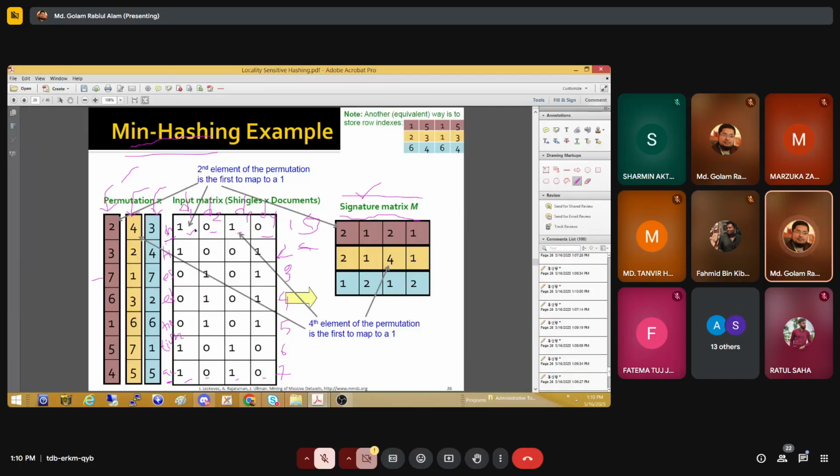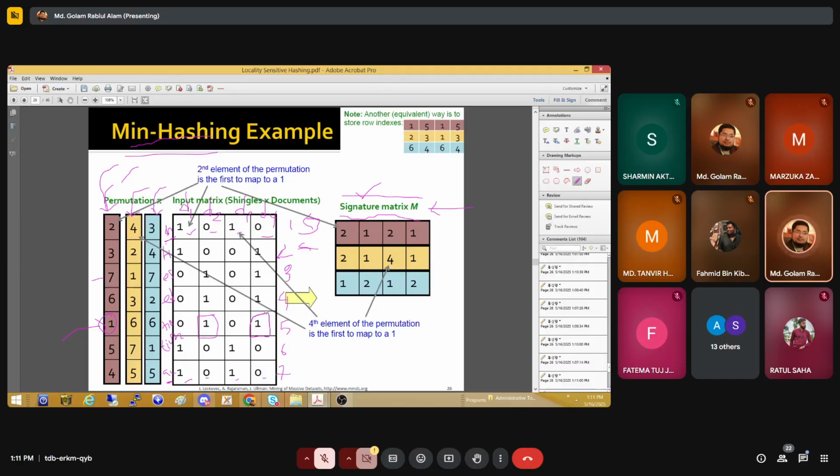Then from here we can generate the signature matrix. From the first permutation, where is one? This is the one. In that case, we can see here is one, and here is also one.